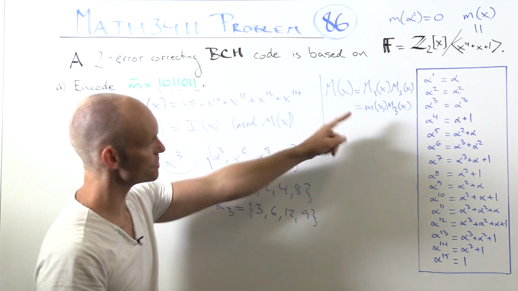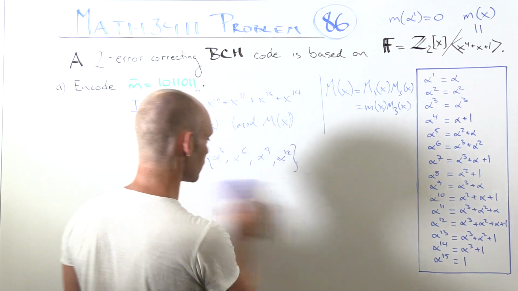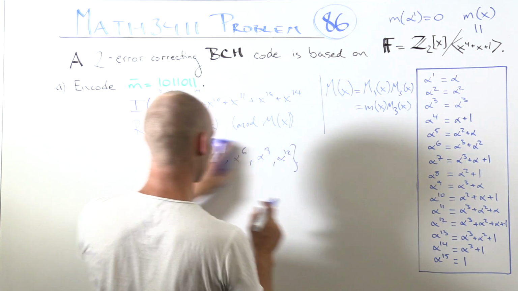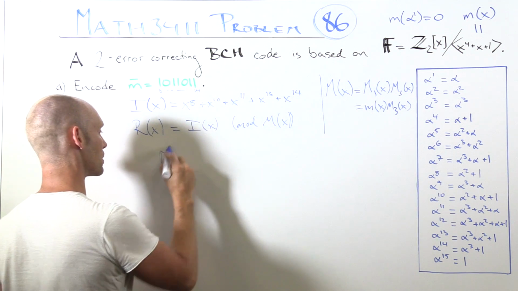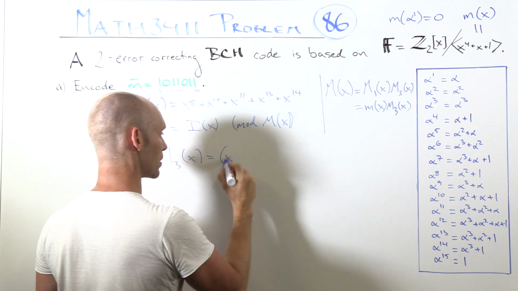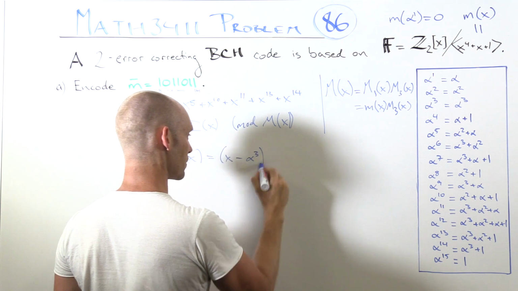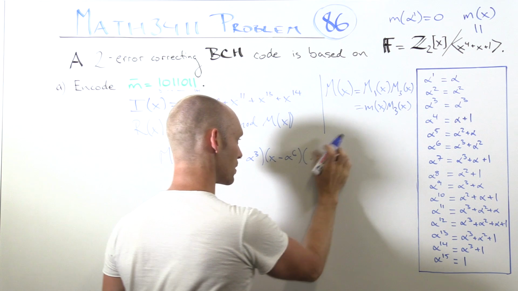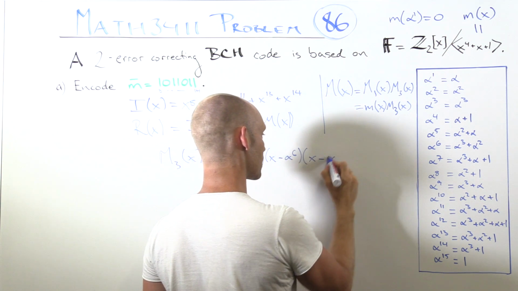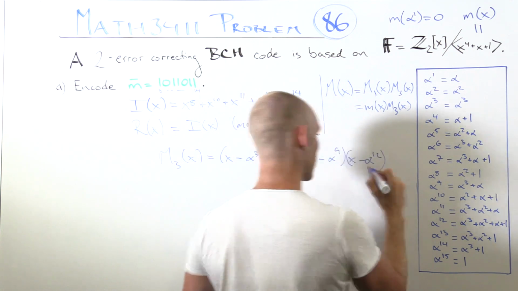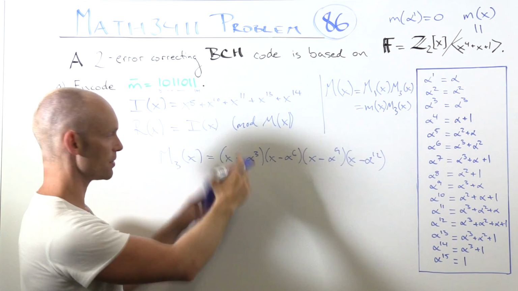So if we want to find the minimal polynomial m3, then it's exactly equal to x minus the first root, which was alpha to the power of 3, x minus alpha to the power of 6, 9 and 12. And there you've got the minimal polynomial.